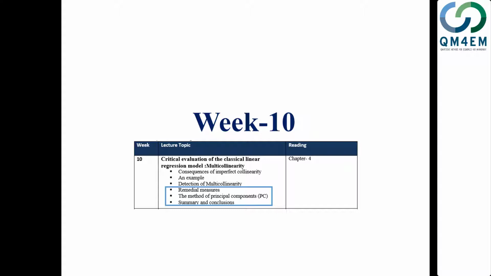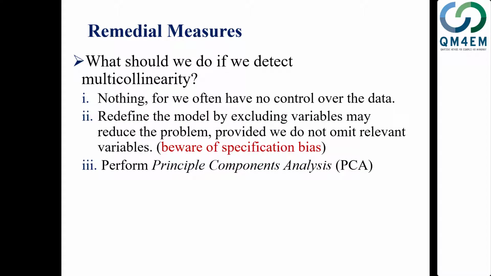So let's start. This was the last slide which I covered in the last lecture of week number 10. I already told you how we can apply remedial measures for multicollinearity, and we discussed that in principle we shouldn't be doing anything because we have no control over data.